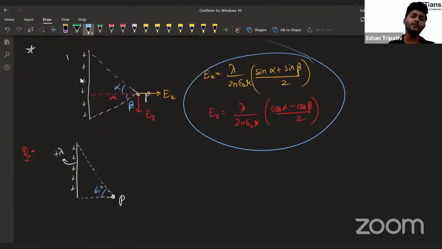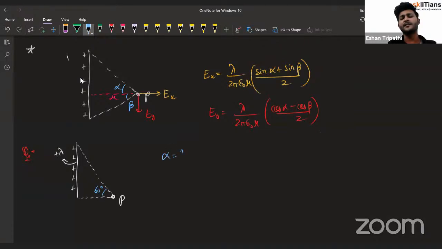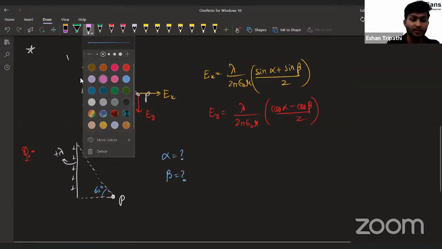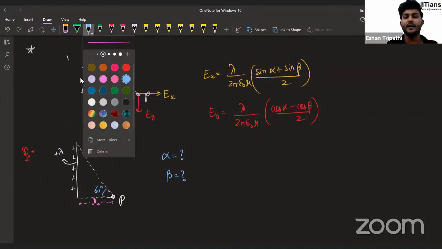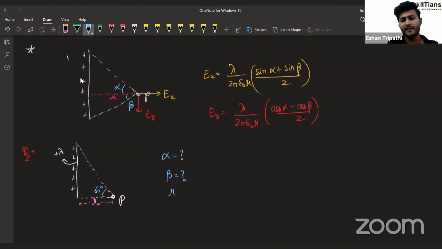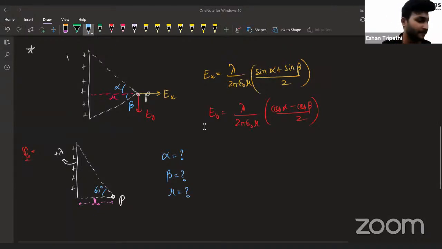To be able to use these formulae, what's the value of alpha, guys, in this? Beta's value. And if I say this distance is r naught, what's the value of the distance r in this denominator? Tell me the value of each of them. What would you substitute in these formulae?